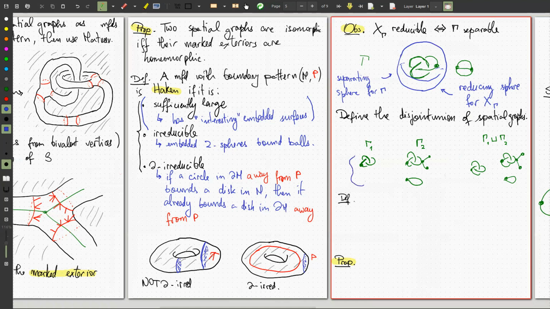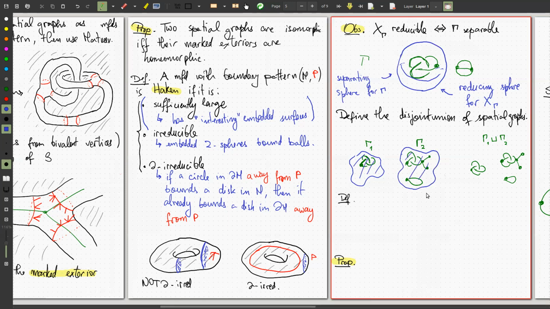Well, the way you do this rigorously, which is something that we actually do carefully in the paper, is you choose a 3-ball that contains gamma 1, and you do the same thing for the other one. And then you glue them together along the boundary.